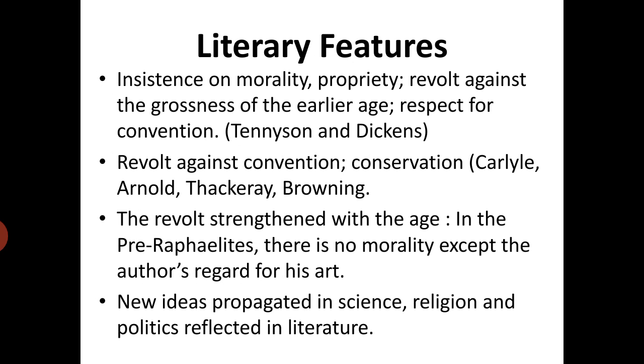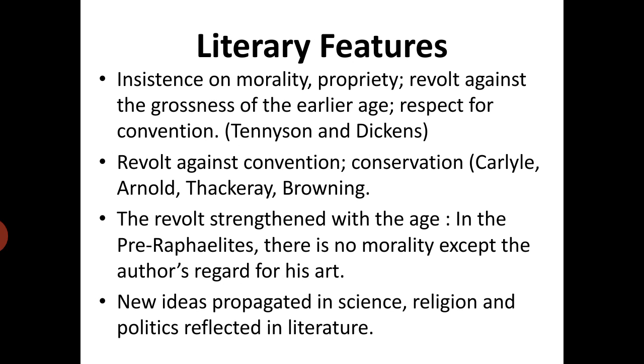And this Victorian era has some literary features; we will see them one by one now. Insistence on morality, property, revolt against the grossness of the earlier age, respect for convention. These kinds of features we will see in the works of Alfred Lord Tennyson and Charles Dickens.